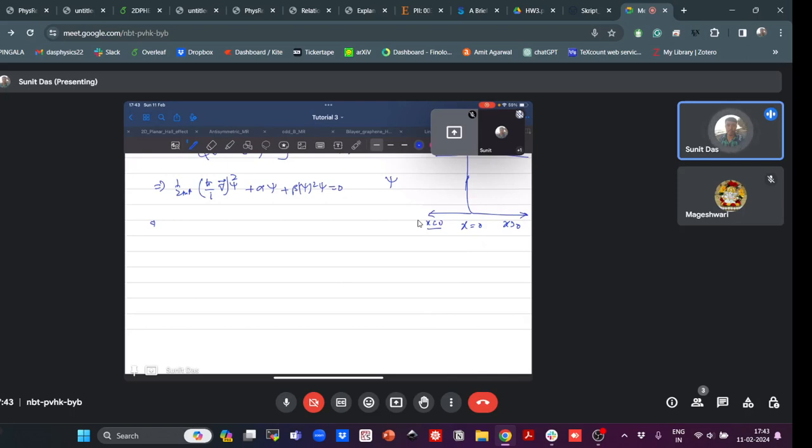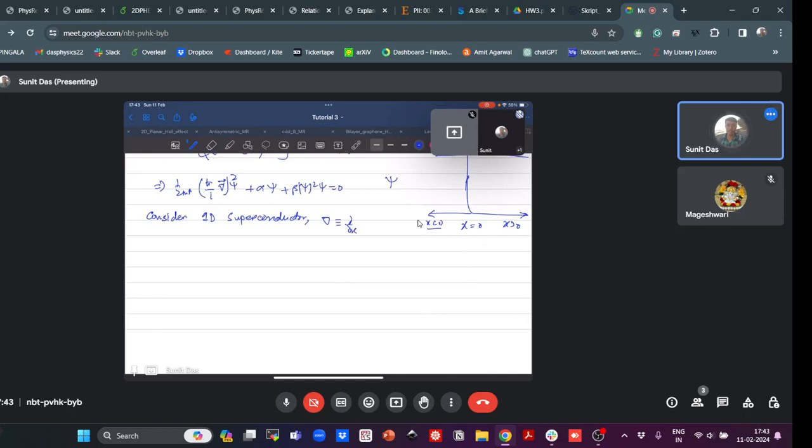And let's be very clear, we consider only the superconductor, meaning grad is only equivalent to del x. The del y component is not there.